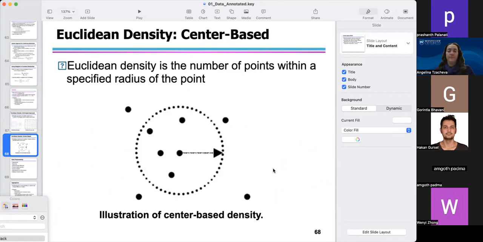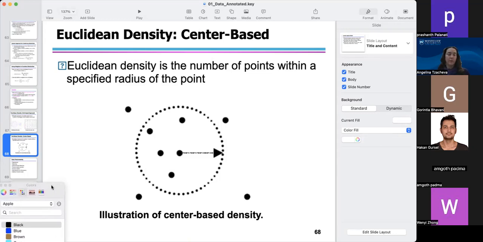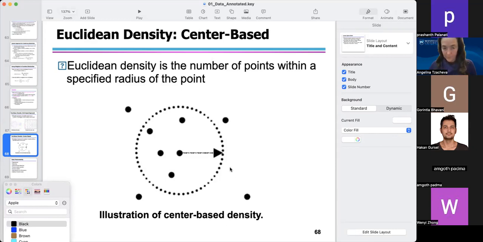Euclidean density is measuring the number of points within a specified radius of the point that we are interested in, or the center point. So we have one point in the center, and then there is a circle around it.